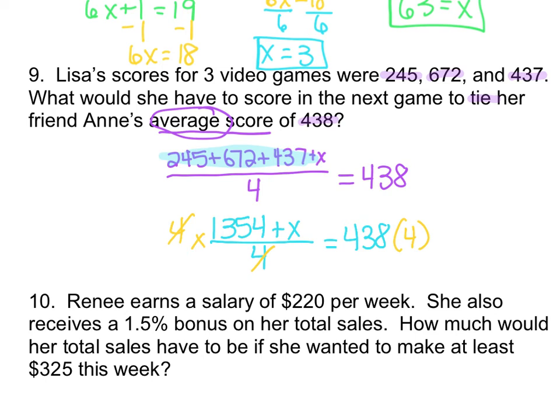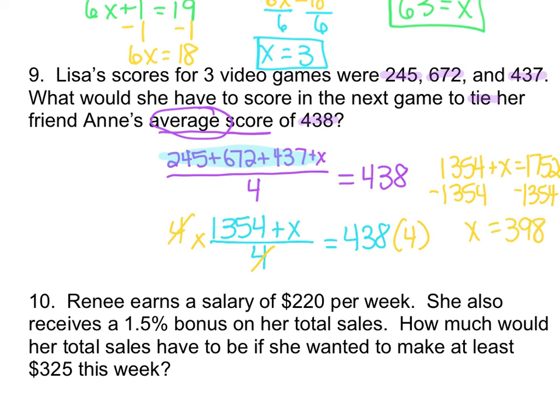And I would get 1,354 plus x equals 1752. Sorry, I'm about to run out of room. And my final step would be to subtract 1,354 from each side, and I get 398.